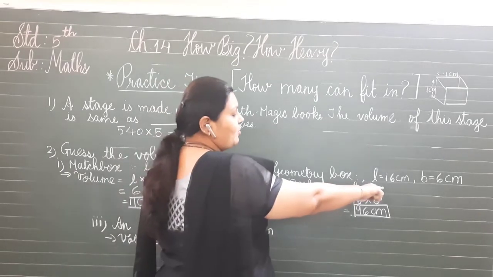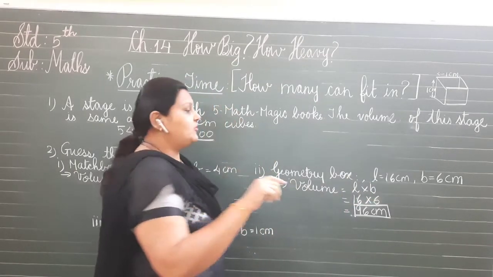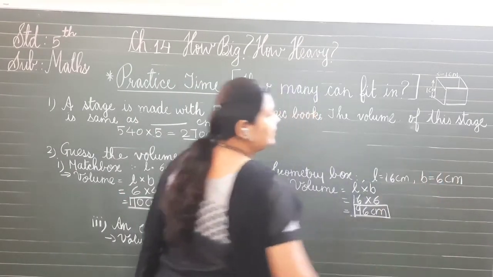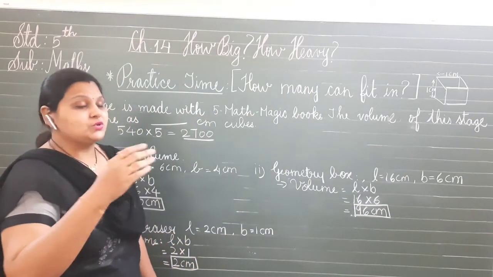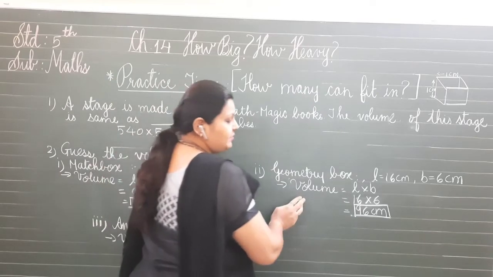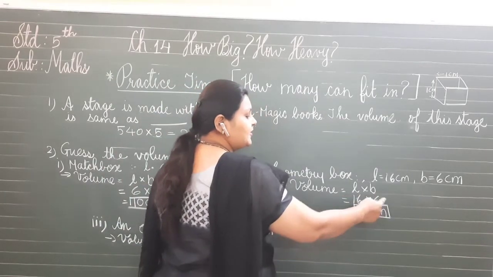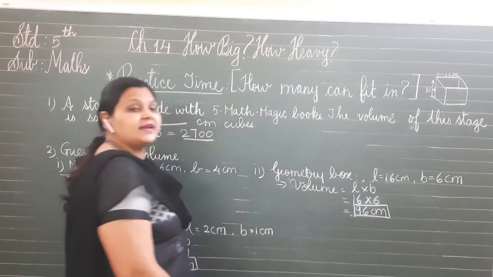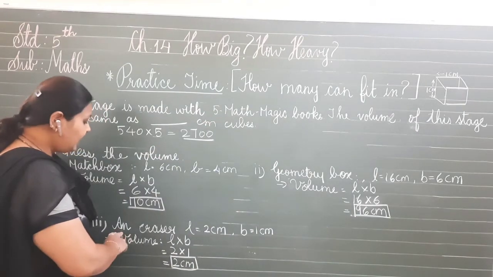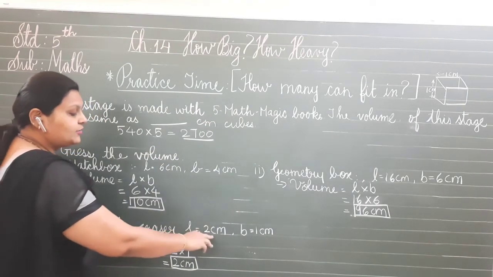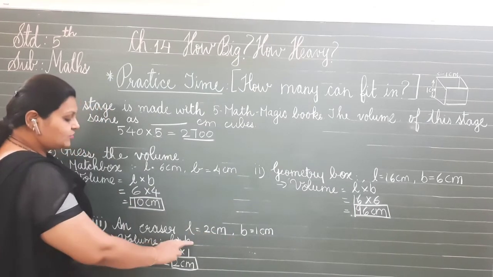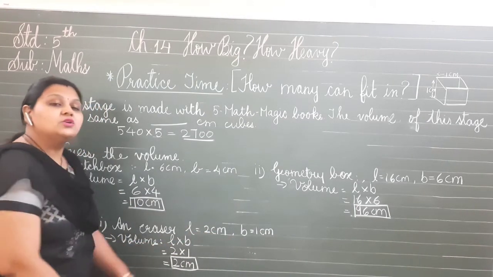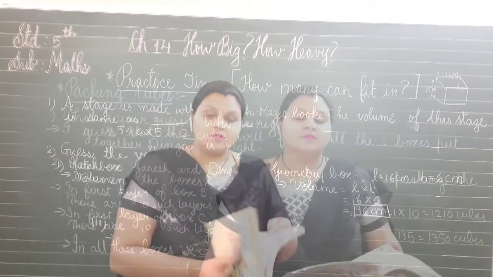Length of the geometry box is 16 cm, breadth is 6 cm. Here we have guessed these measures. So volume can be L into B, 16 into 6, 96 cm. Third, an eraser. Length 2 cm, breadth 1. Volume, length into breadth, 2 into 1, 2 cm.